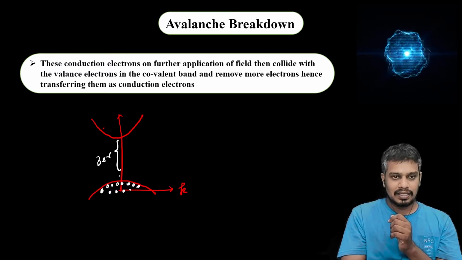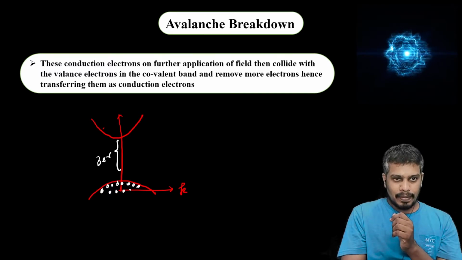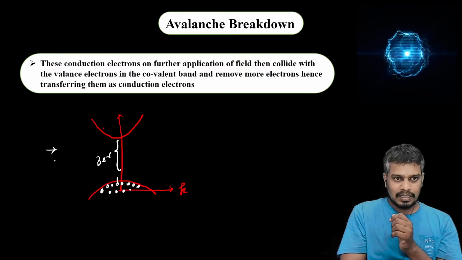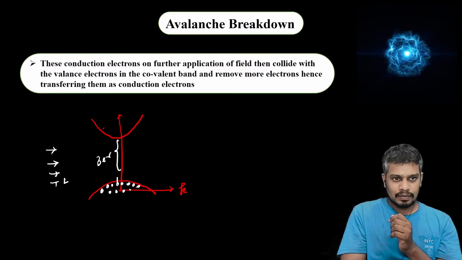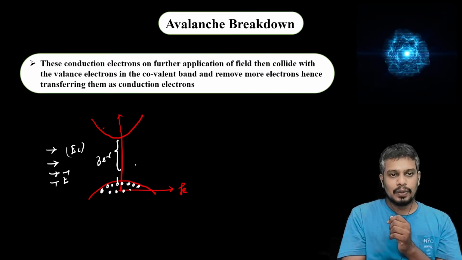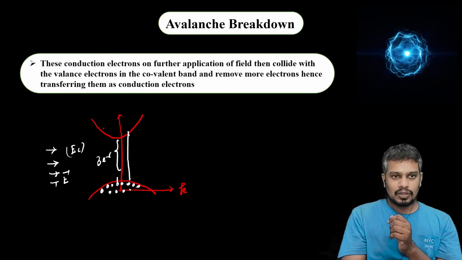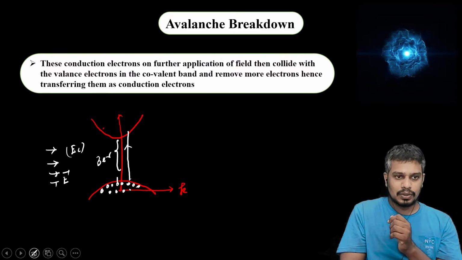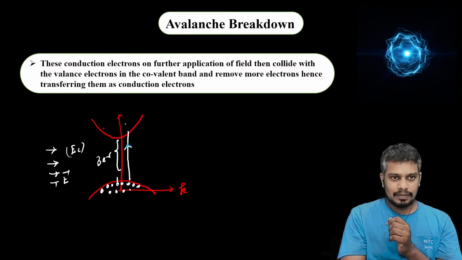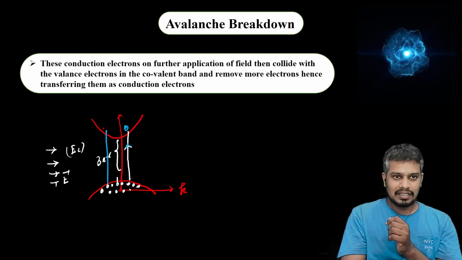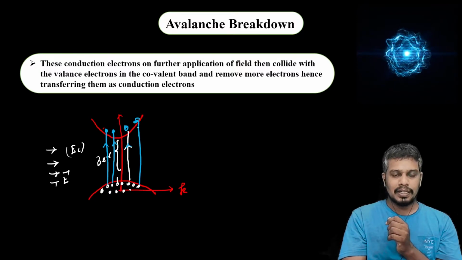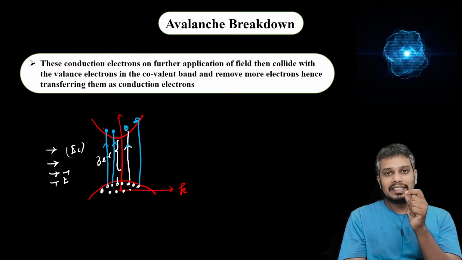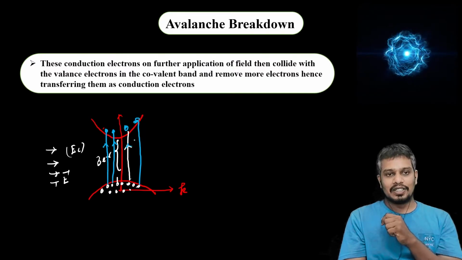Once you increase the external electric field beyond some critical value EC, the valence electron goes to the conduction band. Now it will act as a conduction electron. More and more electrons will go to the conduction band. Now this is responsible for the electricity; the dielectric is no longer an insulator.